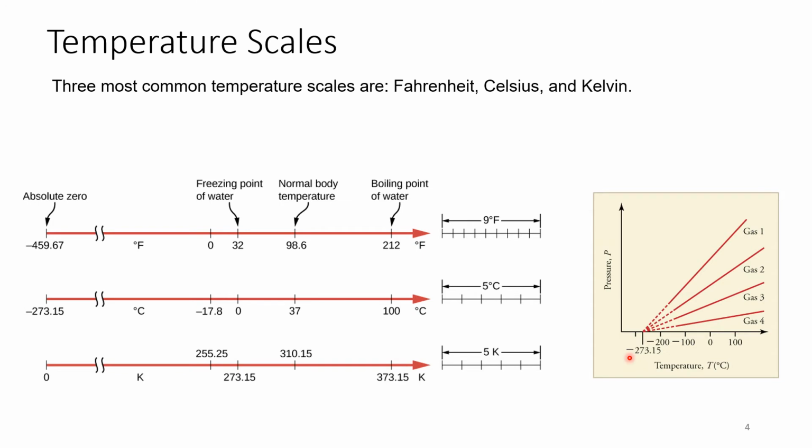The official temperature unit on this scale is Kelvin. Since the absolute zero equals minus 273.15 degrees Celsius, we have the temperature in Kelvin equals the temperature in Celsius plus 273.15.